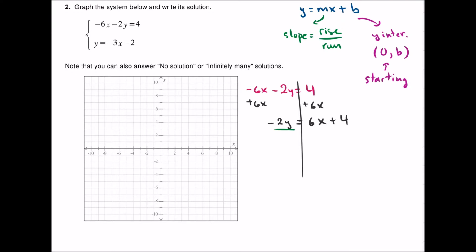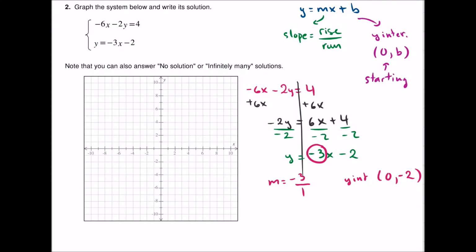Then we divide both sides by negative 2. y equals negative 3x minus 2. So our slope is the number in front of x, m equals negative 3. To write it in fraction form, that will be negative 3 over 1. And the y-intercept is going to be (0, -2).